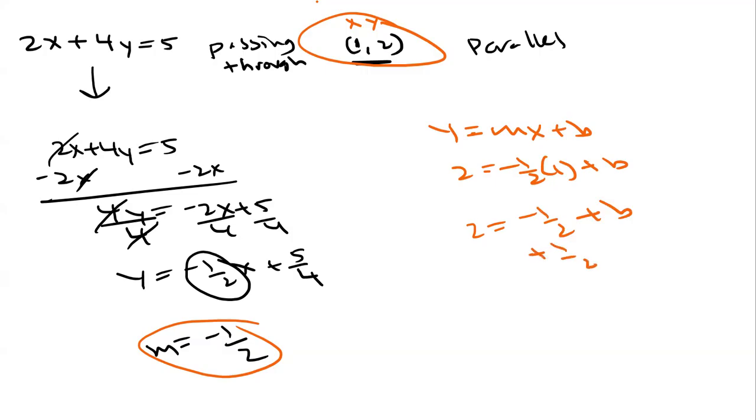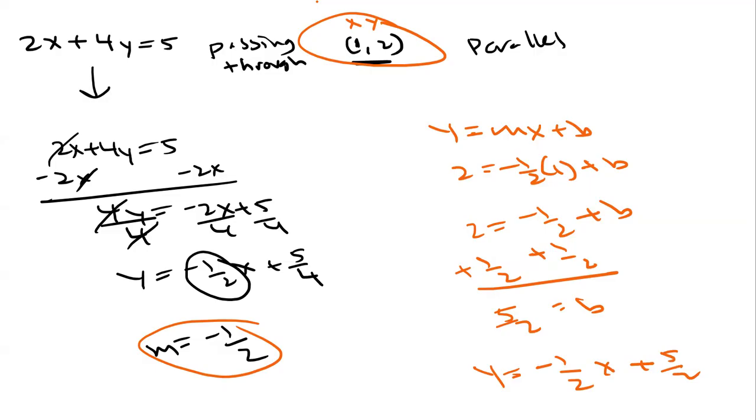Then we add a half on both sides. So 2 plus a half will be 2.5 or 5 over 2, and that's equal to b. Then we can write our equation: y is equal to negative 1/2 x plus 5 over 2.